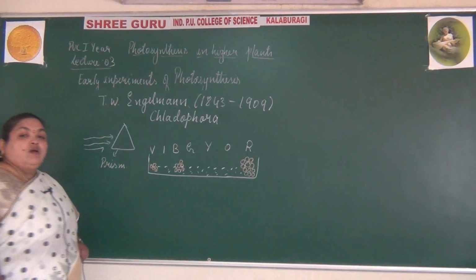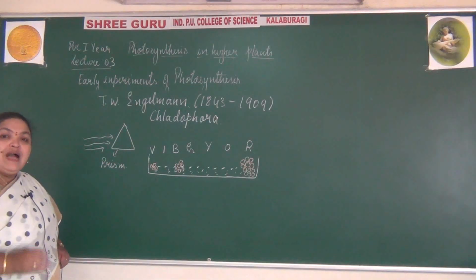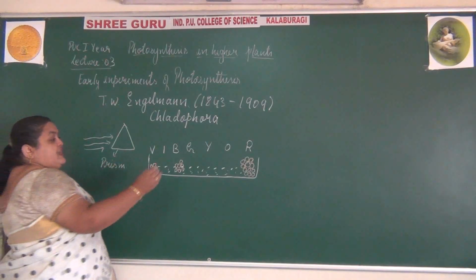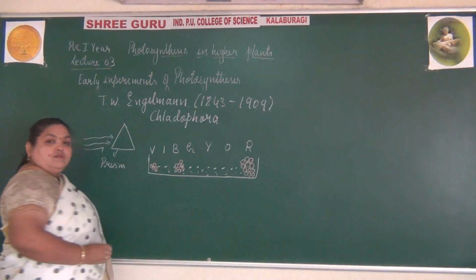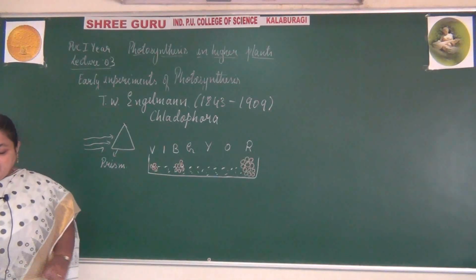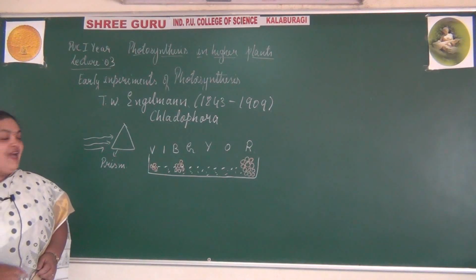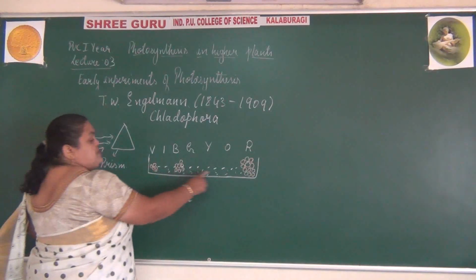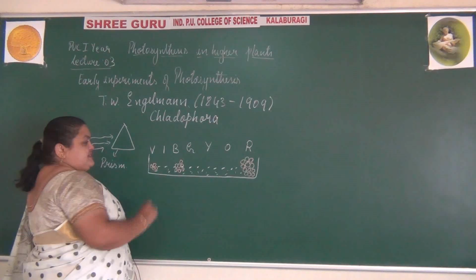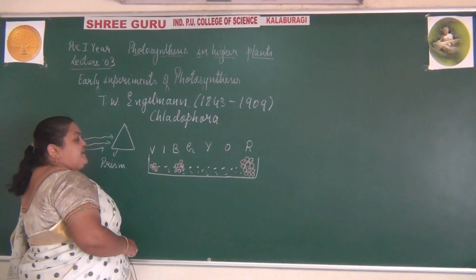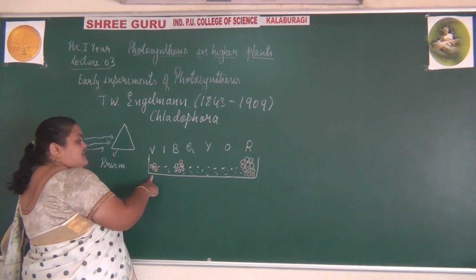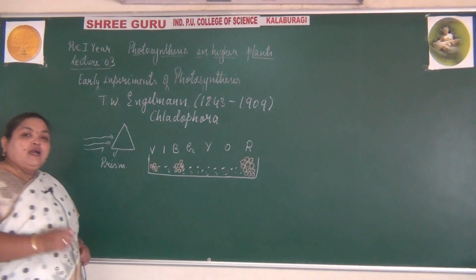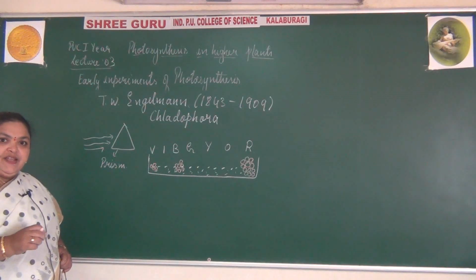There was a larger number of bacteria accumulated in the red region. So here the green algae and the bacteria were used. The algae were placed along with the bacteria in the trough, and we observe that in the violet, blue and red regions there was accumulation of bacteria.